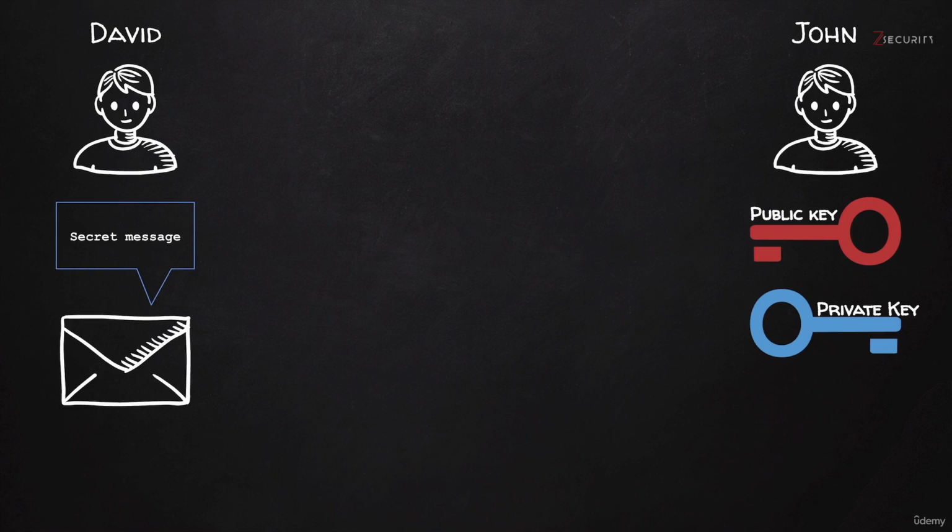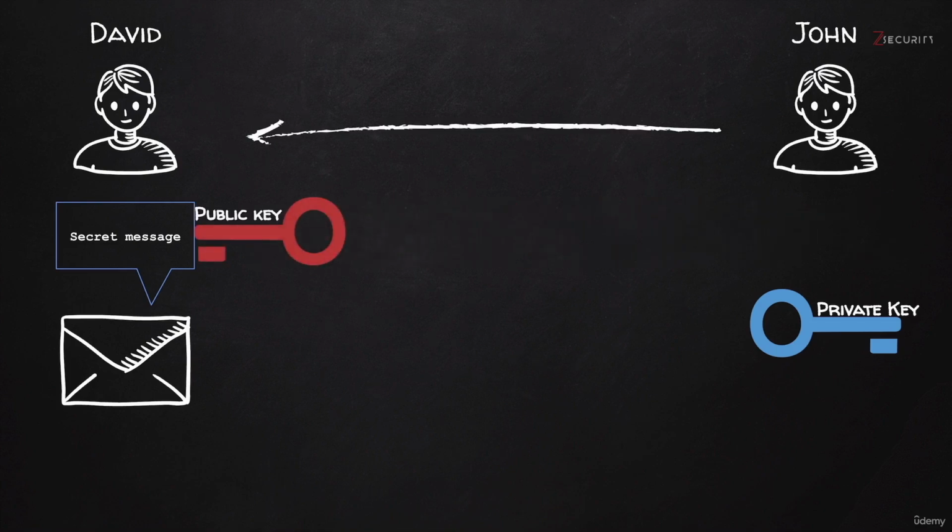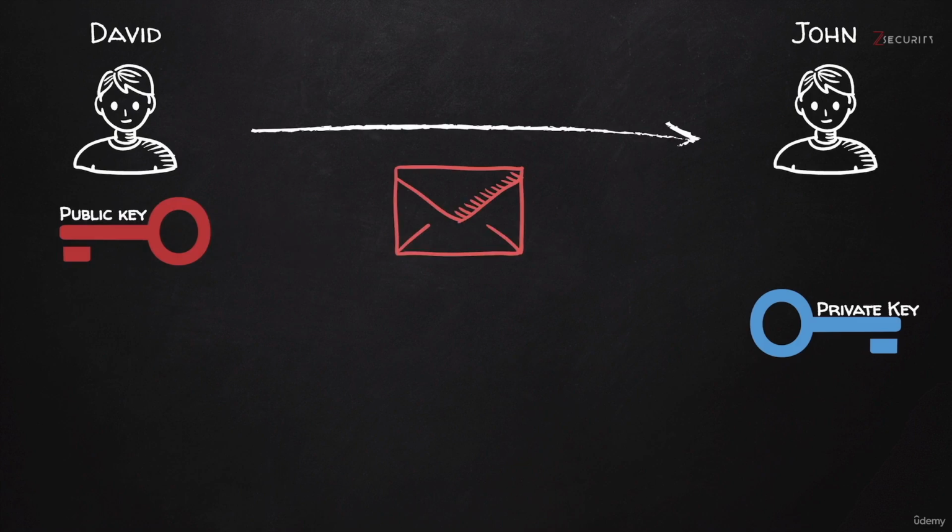Now, as I explained in the previous lecture, for this to work, the receiver, which is John in this case, has to first generate a key pair, a public key and a private key. He will share the public key with the person he wants to receive data from. That person, who is David in this example, will use the public key to encrypt the message and send it to John.